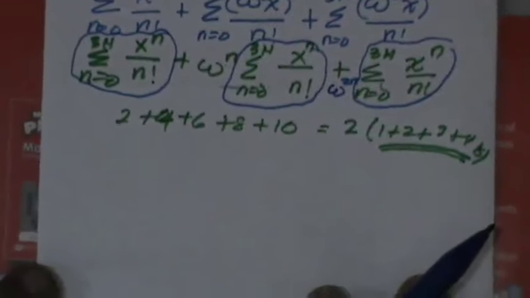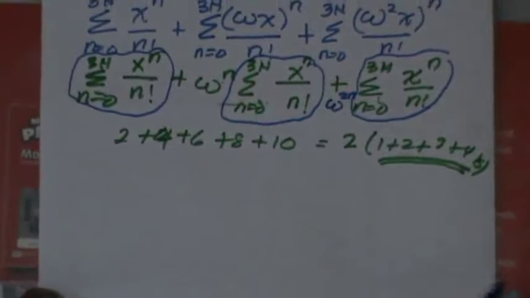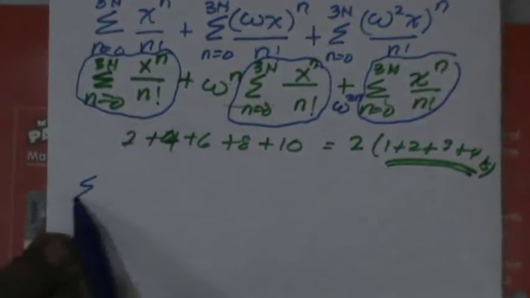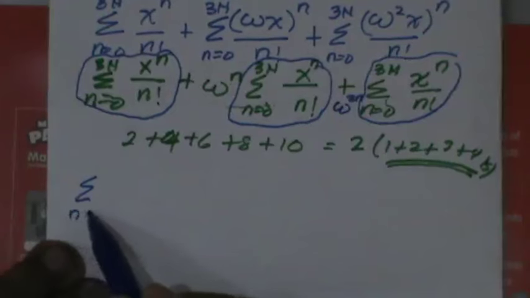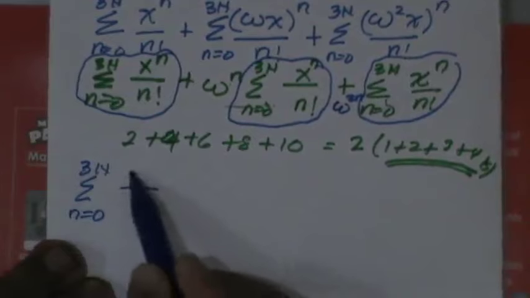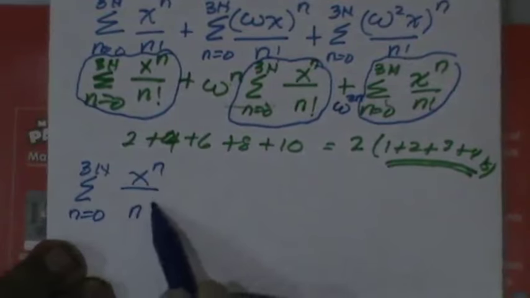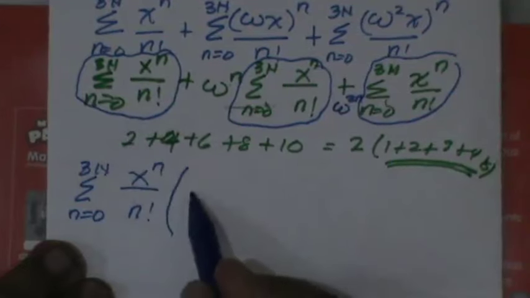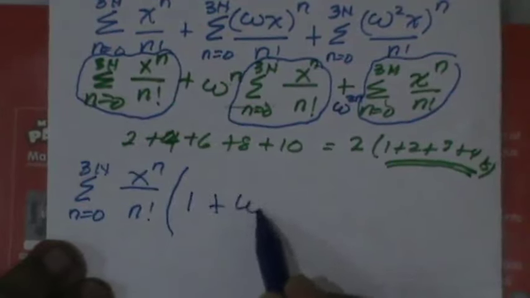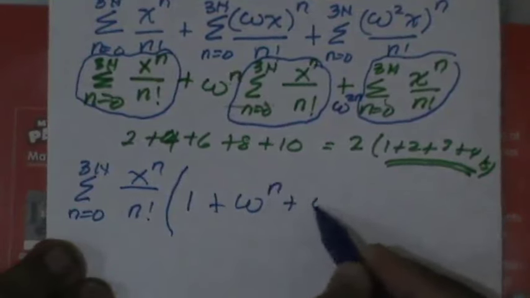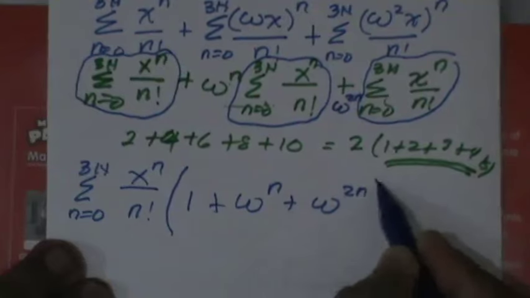And then you have there now, let me just continue that, okay? So this one now, I can factor this out. So I can have there the sigma of n equals 0 to the 3n of x to the n factorial times 1 plus omega n plus omega 2n.